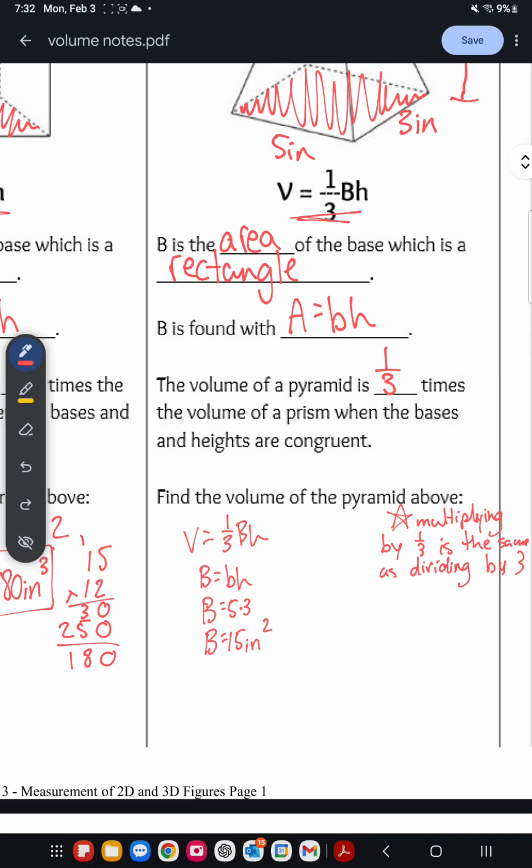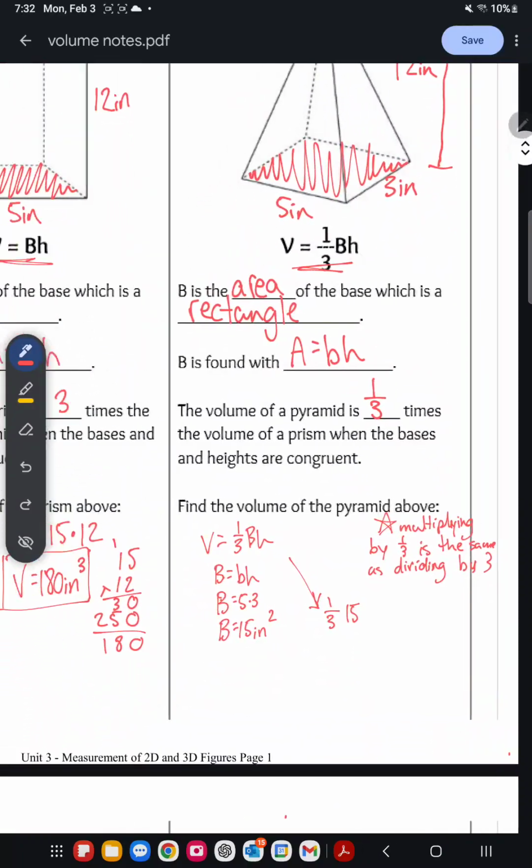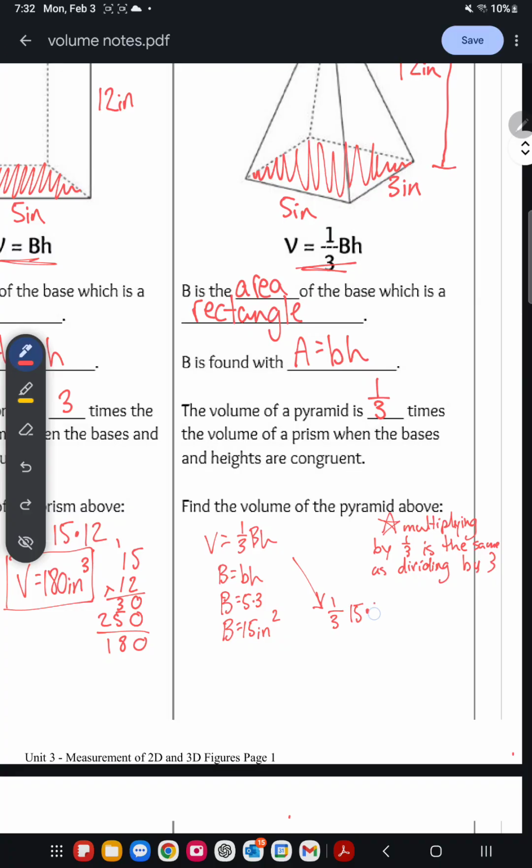All right, so volume is equal to 1/3 base times height. I'm going to continue this right here. 1/3 times the area of the base, which is 15, times the height, which is, in this case, 12. So there's a few different ways that we can do this.